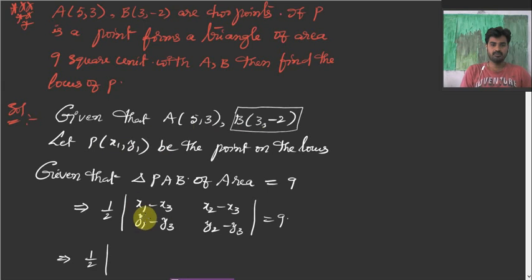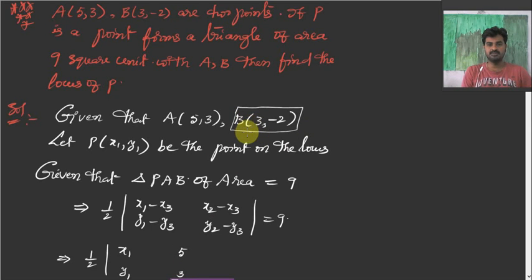Okay, now you can substitute the P point coordinates, x1, y1. Next remaining point, what is that? A point. The A point coordinates are 5, 3. So now I have left one point. What is that? B point.